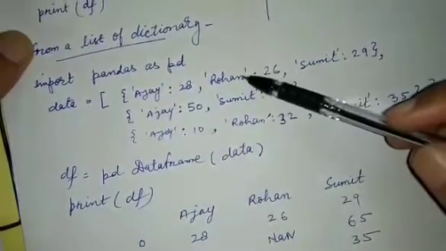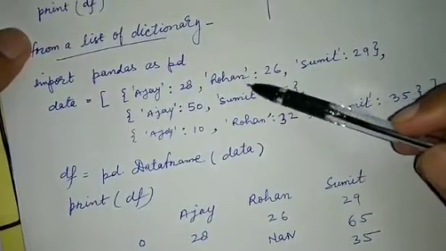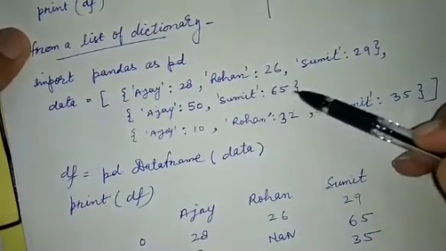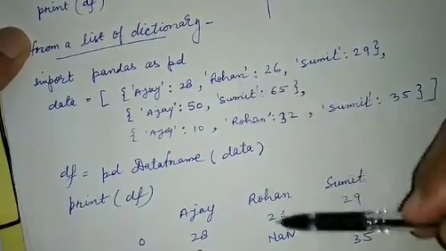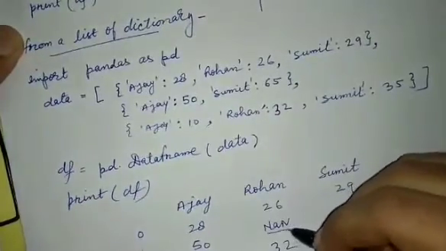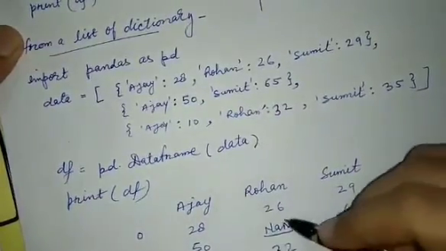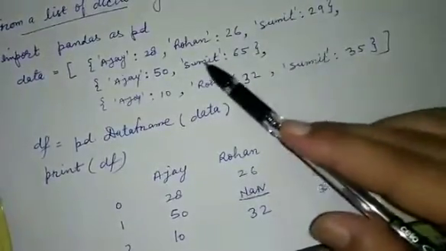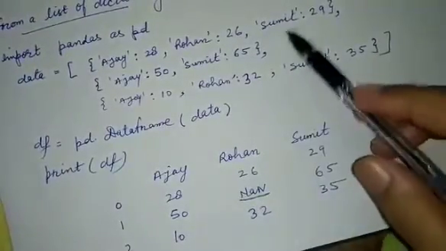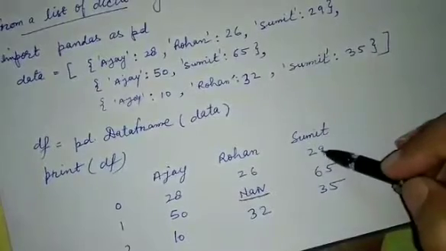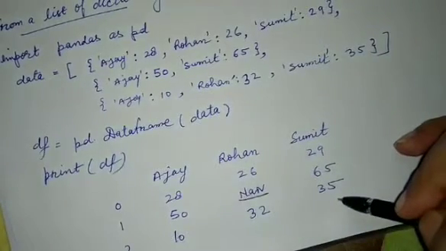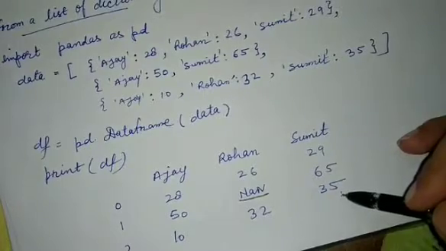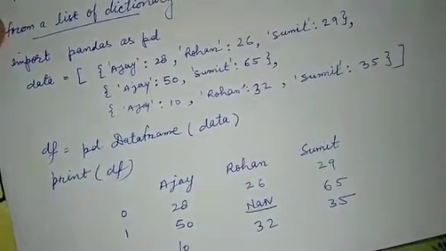But when we talk about the Rohan key, you have no value in the second element for Rohan, so it will be given NaN, not a number. Sumit's value is in all the three elements, so you have all the three values. So this is how to create a data frame using a list of dictionaries.